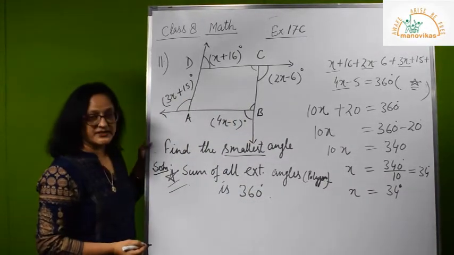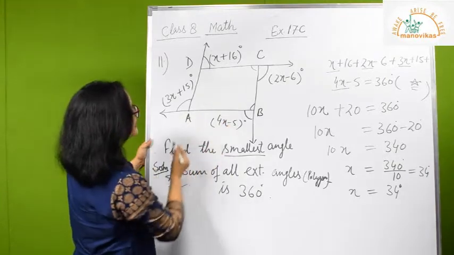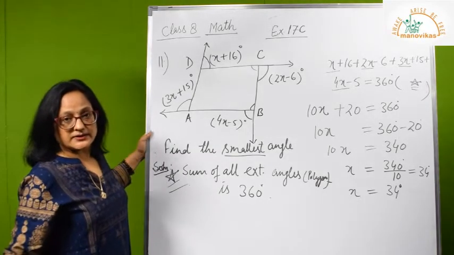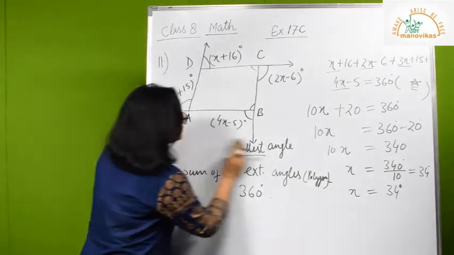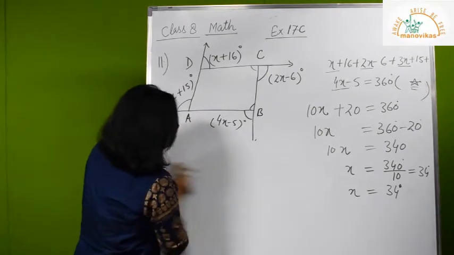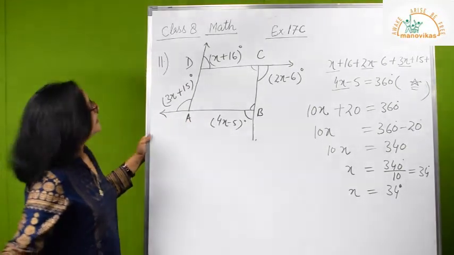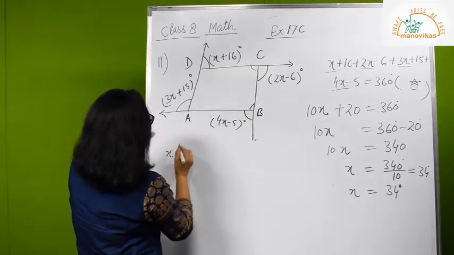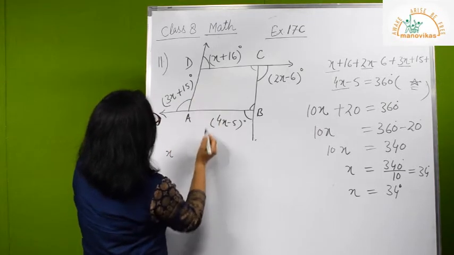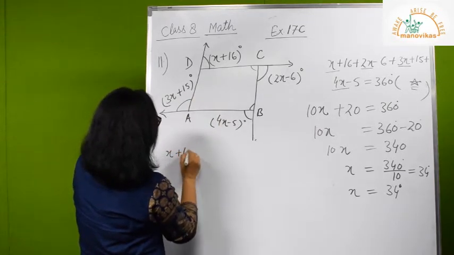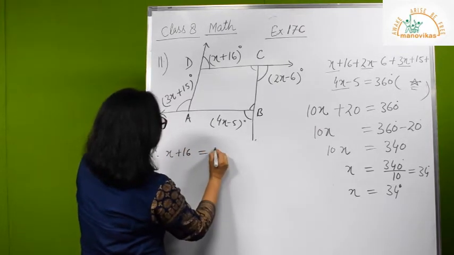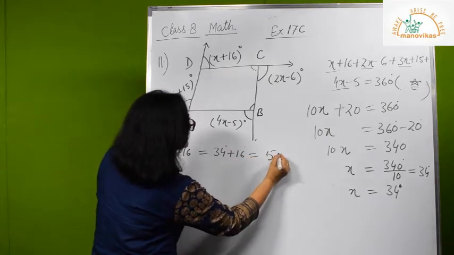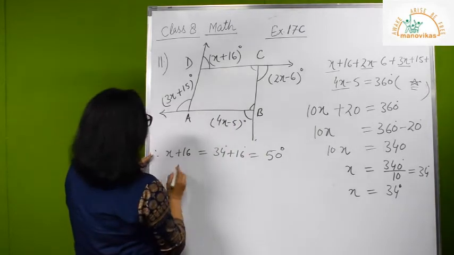Now with the help of this value of x, we can find all the exterior angles. Then only we can decide which exterior angle is the greatest one and its linear pair will be the smallest. So put the value of x in each exterior angle and find the value. x plus 16: put the value of x, 34 plus 16, this is 50 degrees.